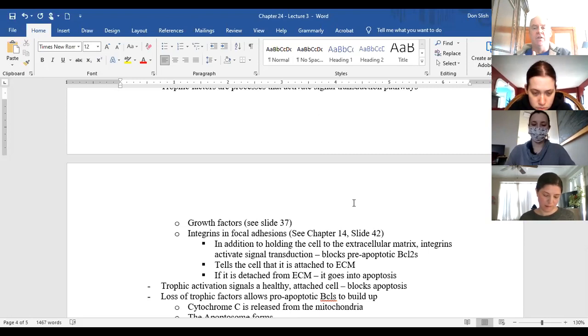And that's kind of like another cancer protection. Another one of those things cancer cells have to get over in order to survive. So like most cells, to be metastatic, cells have to go into the bloodstream and go somewhere else and then set up a new thing. 99.999% of cells, when they go into the bloodstream, are no longer connected to anything and they go into apoptosis. So it's a protective mechanism.